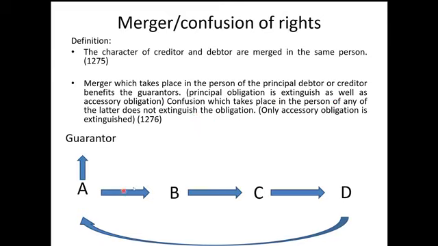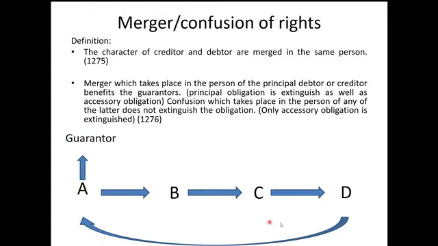Ano ibig sabihin yan? Example. Si A nag-issue ng promissory note payable kay B wherein G, ito yung guarantor. Si B ang ginawa, inassign yung PN kay C, inassign kay D. And D assign back to A. Sabi kasi ng batas, pag yung obligation daw ay nag-merge sa principal debtor, magbe-benefit yung guarantor.